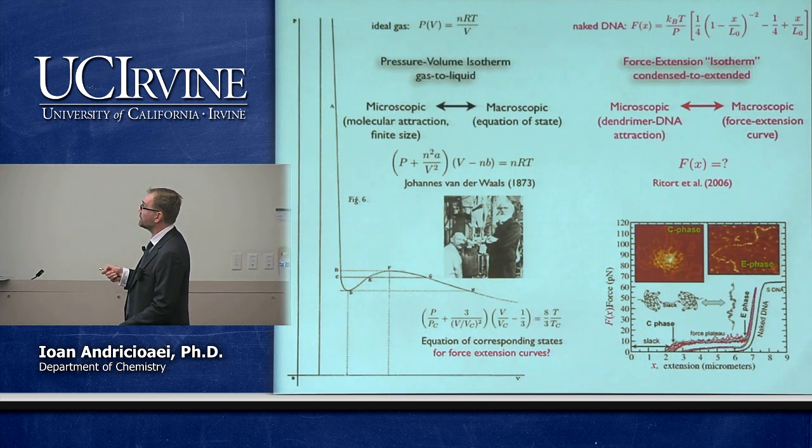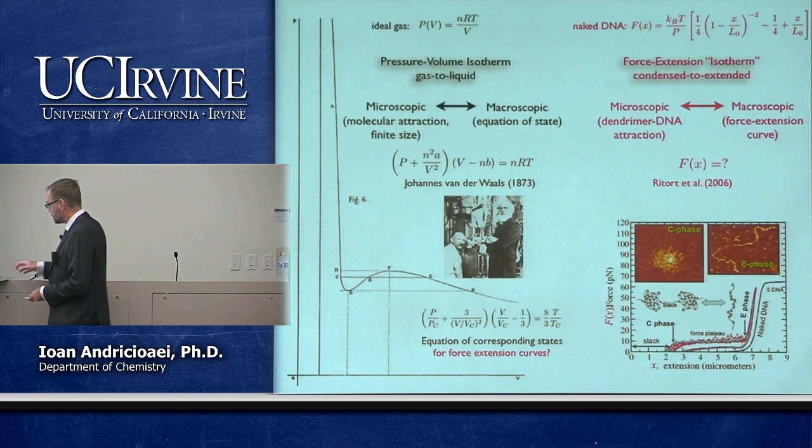What did van der Waals need to do in order to get a flat pressure versus volume coexistence curve out of the ideal gas law? That's exactly what we will have to do to get out of the force extension curve modeled by the so-called worm-like chain model to get the real situation in the presence of dendrimers.